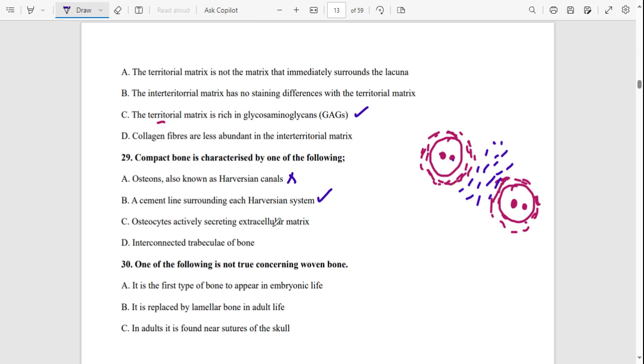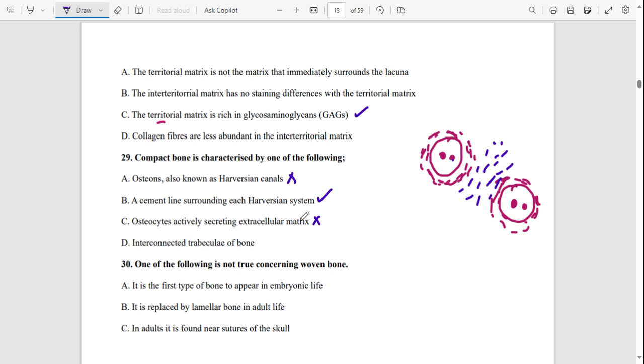Osteocytes actively secreting extracellular matrix. Now, is it the osteocytes which secrete extracellular matrix? It is not the osteocytes. It is supposed to be the fibroblasts which secrete extracellular matrix.